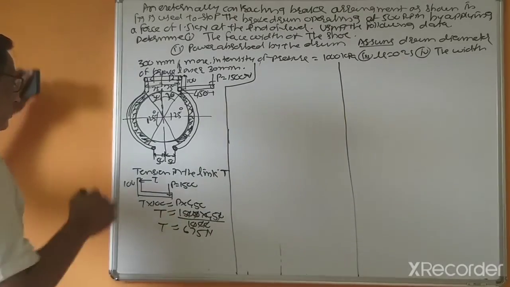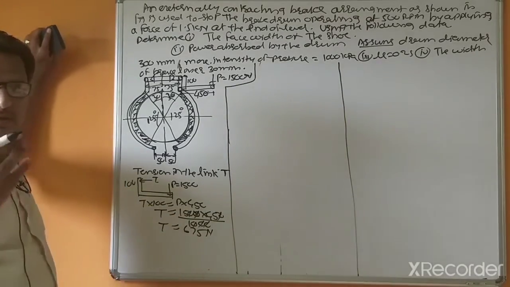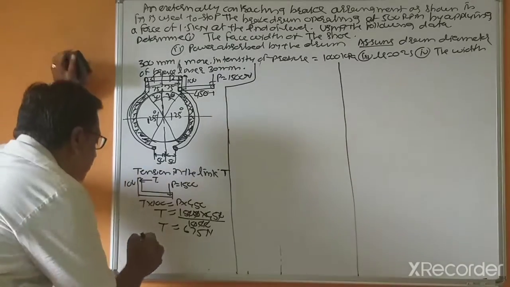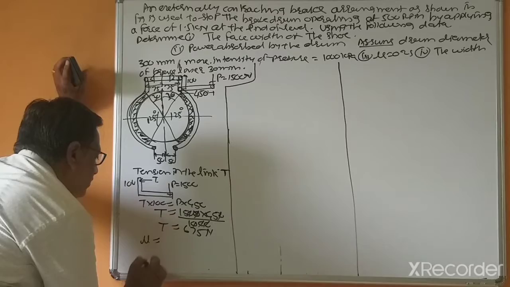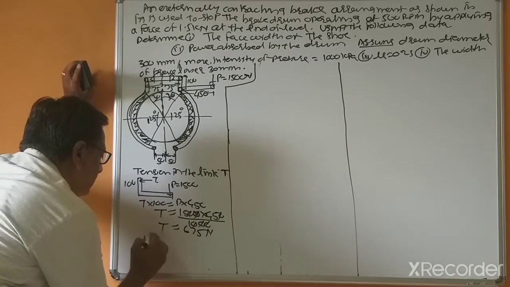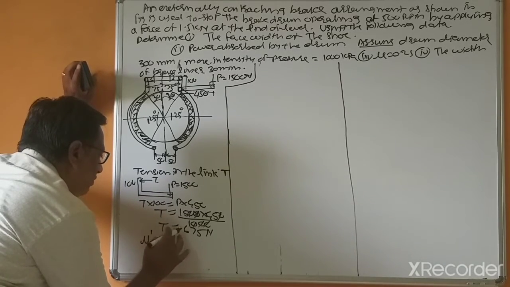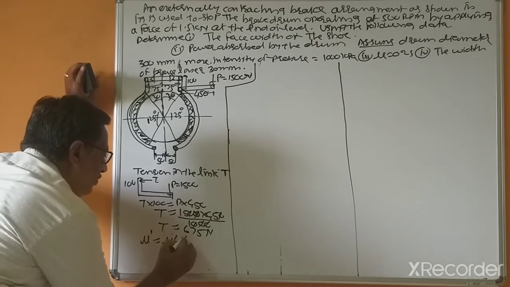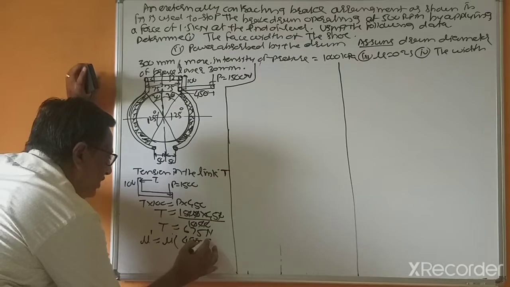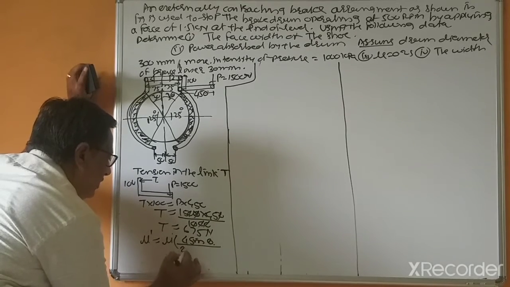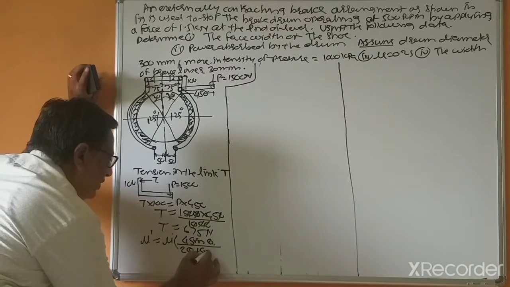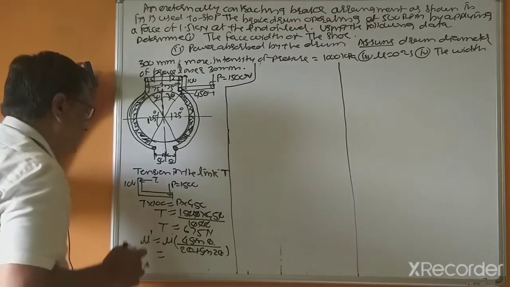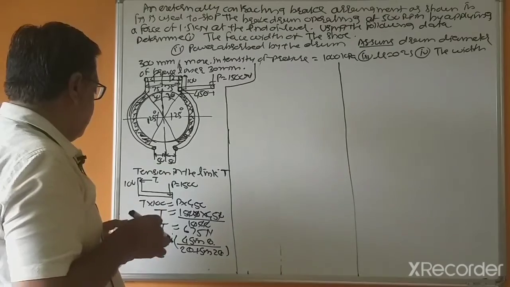Now, because this angle is more than 45 degree, we require equivalent coefficient of friction. So equivalent coefficient of friction means mu dash equal to mu into 4 sin theta divided by 2 theta plus sin 2 theta. Theta equal to 125.